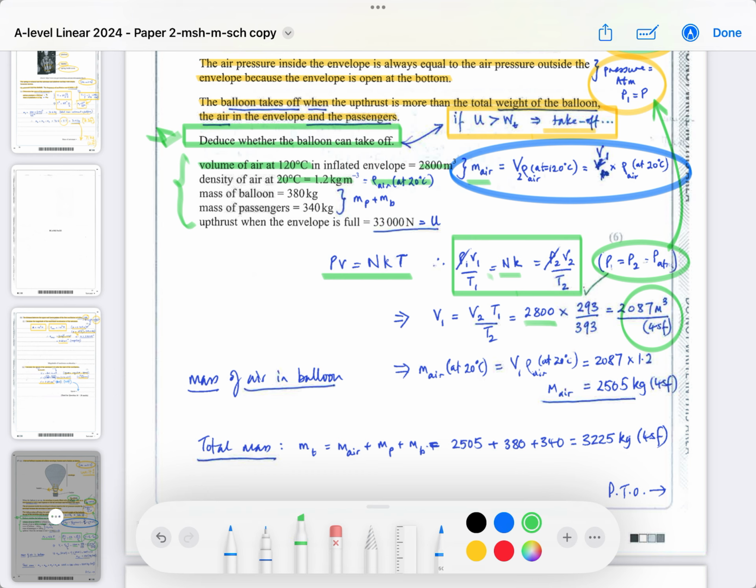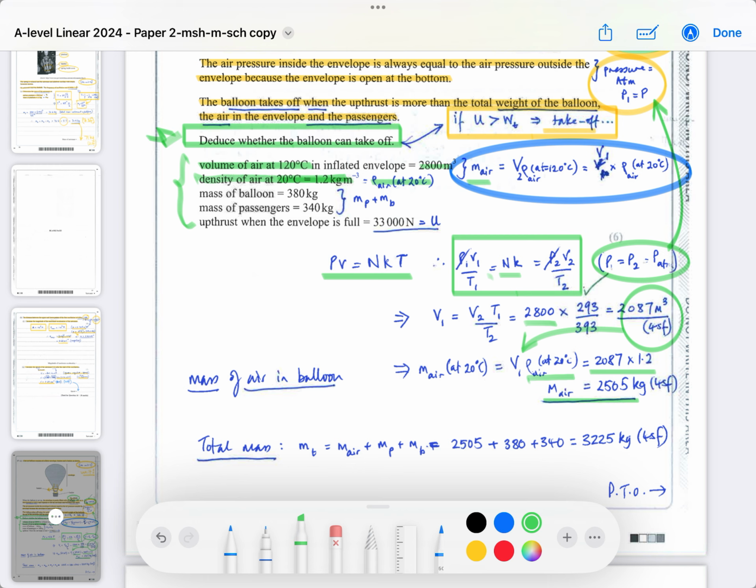So we can put this volume 1 into here, and we know the density of air at 20 degrees centigrade. There it is, 1.2 kilograms. So you multiply the volume 1 by the density of air at 20 degrees centigrade, and you know that the mass of air you start with was 2,505 kilograms.